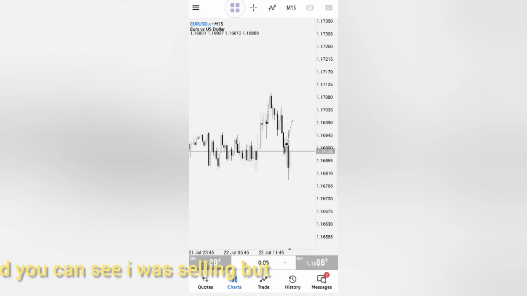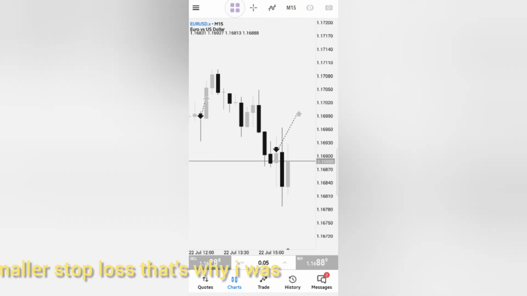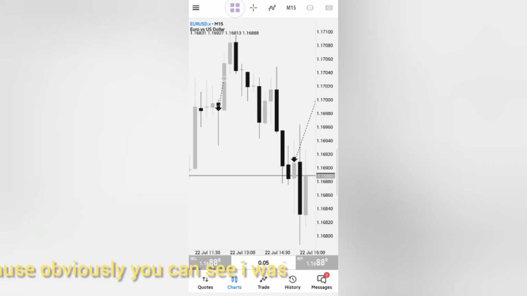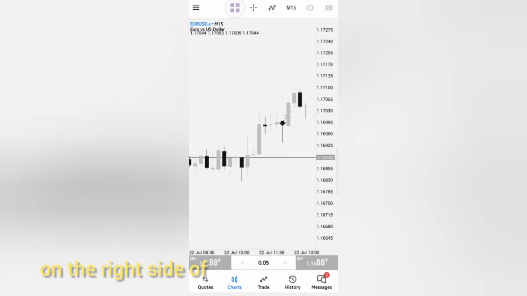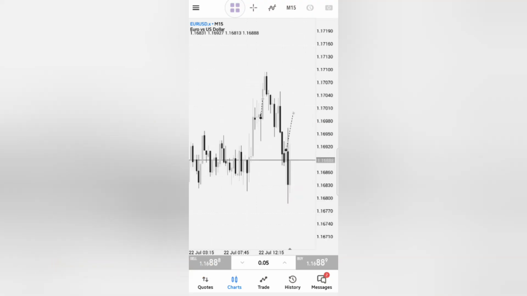And you can see I was selling, but I used a small stop loss. Obviously you can see I was on the right side of the market, that is the downtrend range.